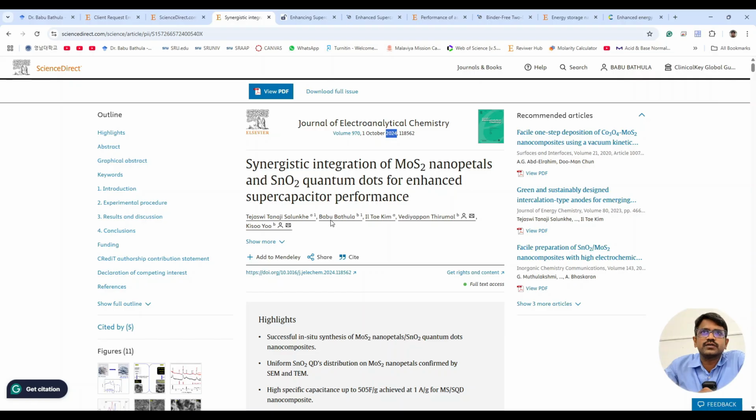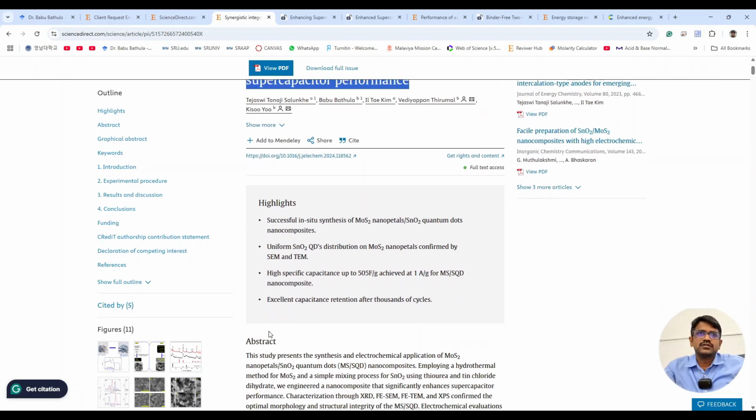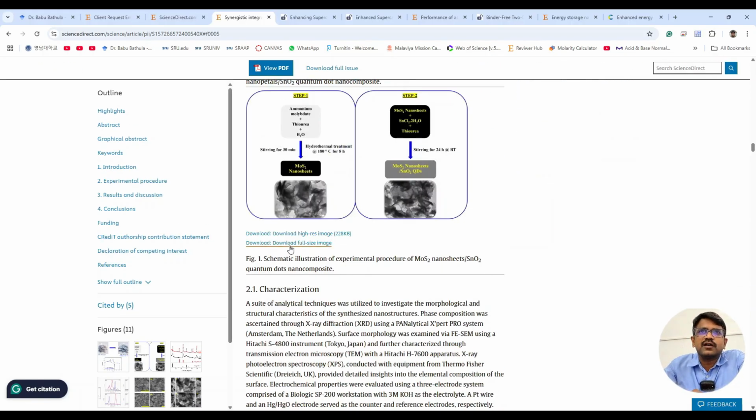I prepared a nanocomposite. The composite here is MoS2 nanopetals and SnO2 quantum dots, and the application is supercapacitor performance.